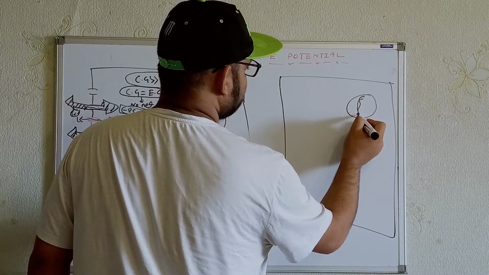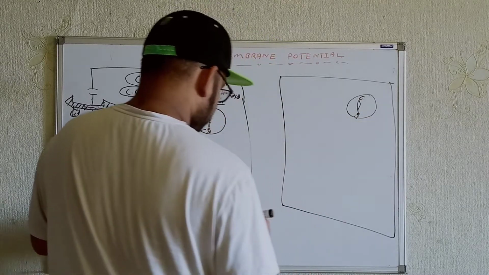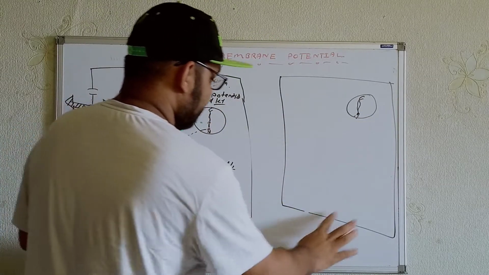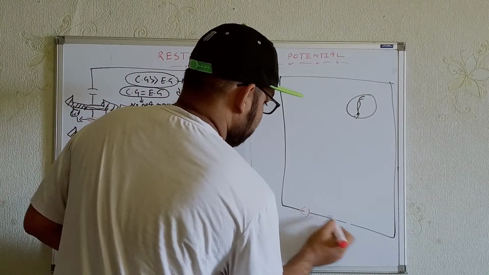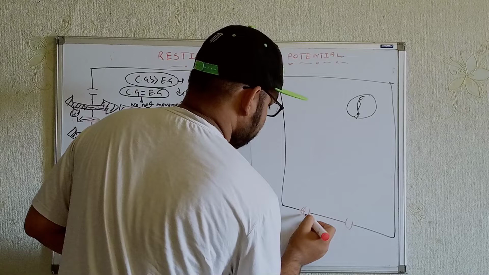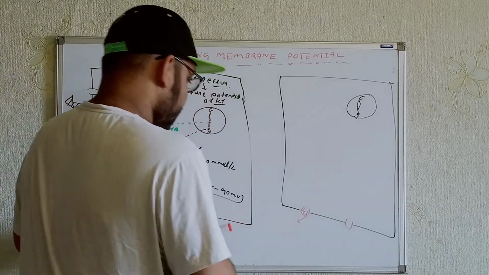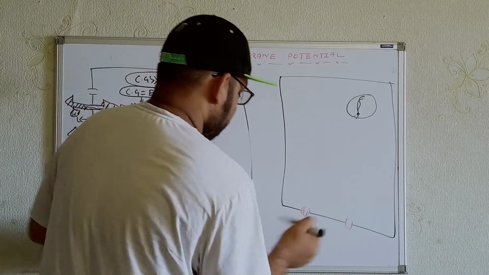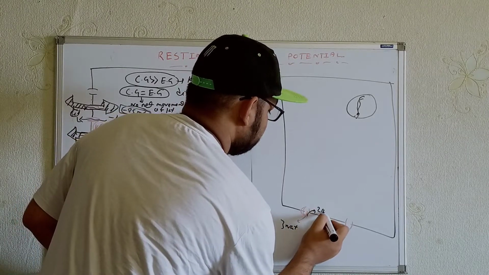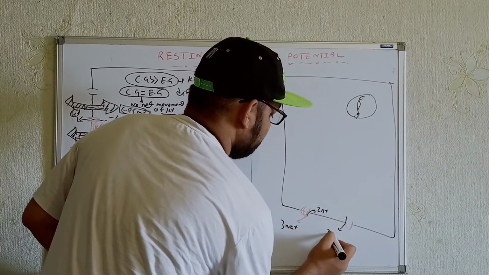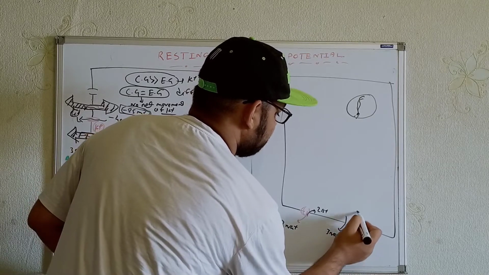They will produce different types of proteins. Already I have explained that by the action of sodium potassium ATPase, 3 sodium will be thrown out of the cell and 2 potassium will be taken within the cell.